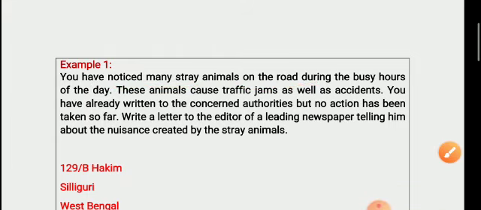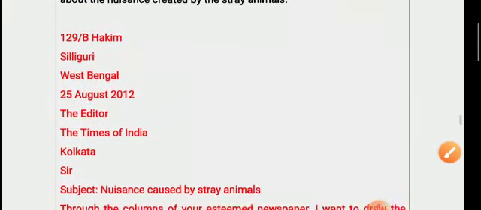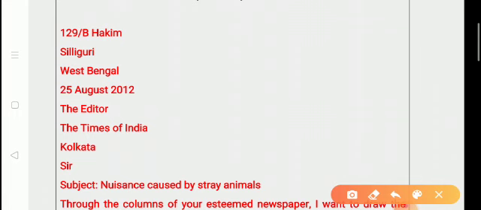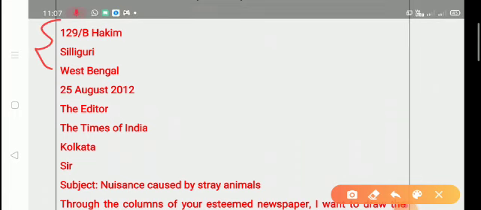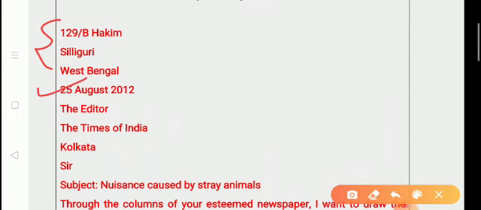First we write our own address, then the date. You can see the way of writing the date also. Then the editor, the Times of India, Kolkata. See, the editor: many of the students commit mistakes here.